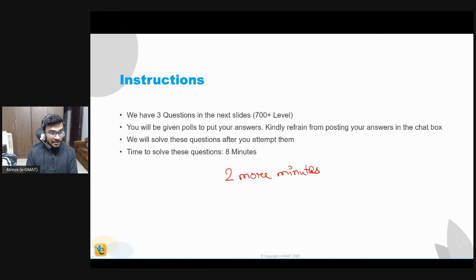Lots of cases, right? Yes, these are medium to hard questions, and essentially these are 700 level plus questions. So again, what we have learned before in the last seven questions, we'll just try to apply the same concepts and try to solve these three questions as well. Will not take a lot of time. Do not worry.